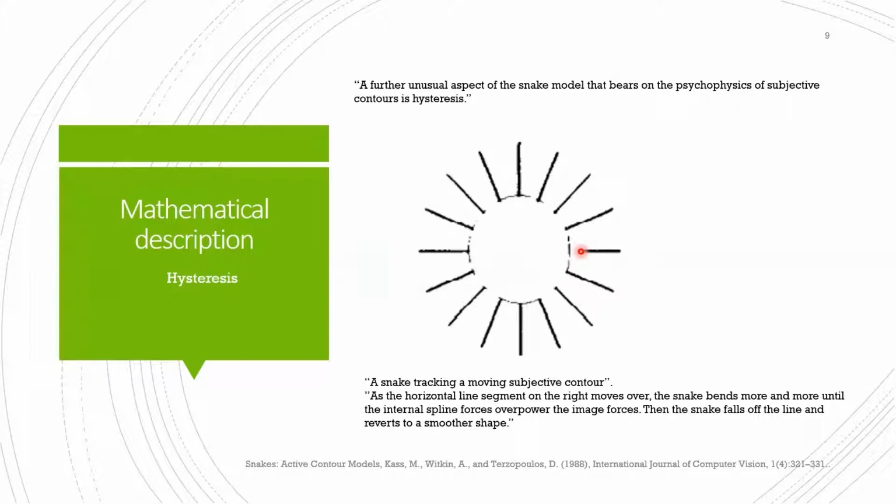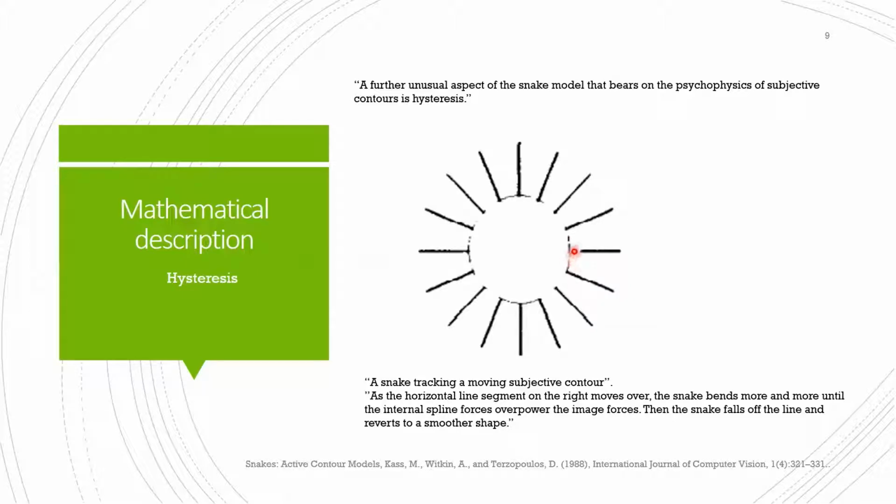So it will want to get stuck with the image. But because the snake is not in equilibrium, some bending is happening here, and its internal forces will increase. Even if the internal force is increasing a bit, it will stay stuck.